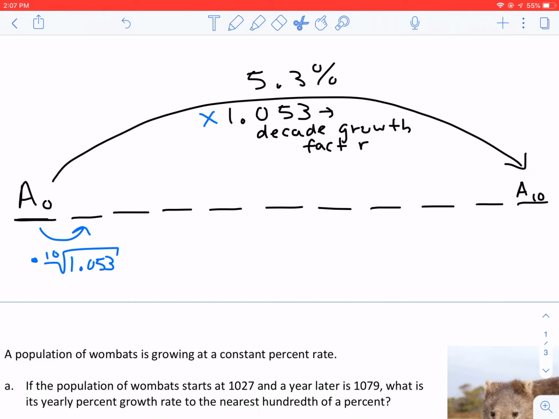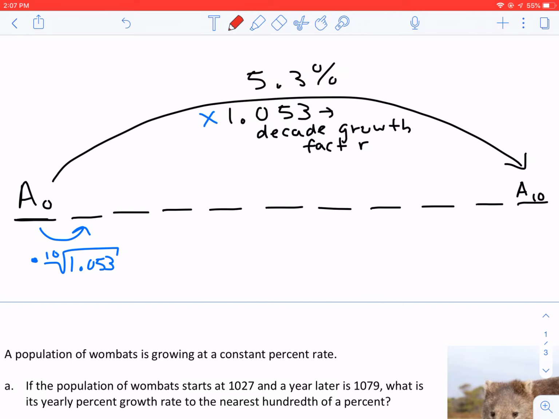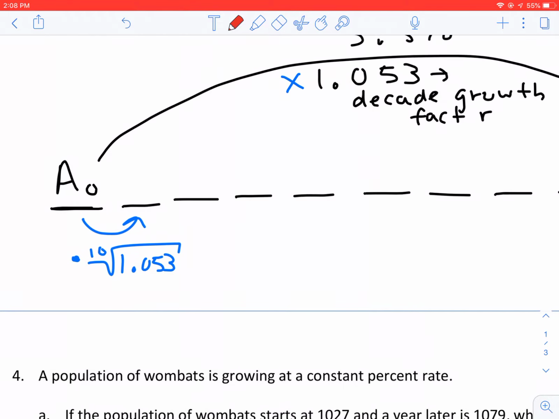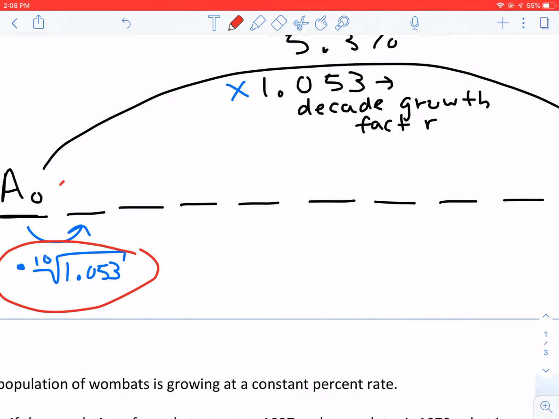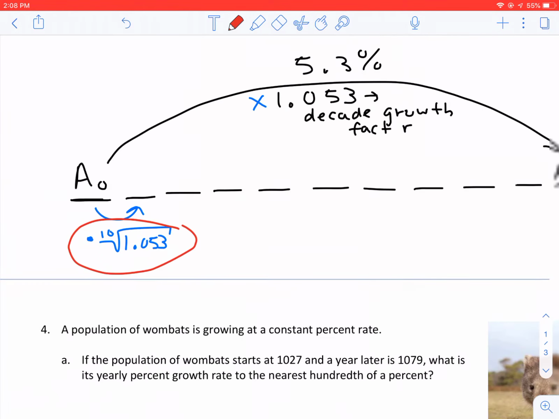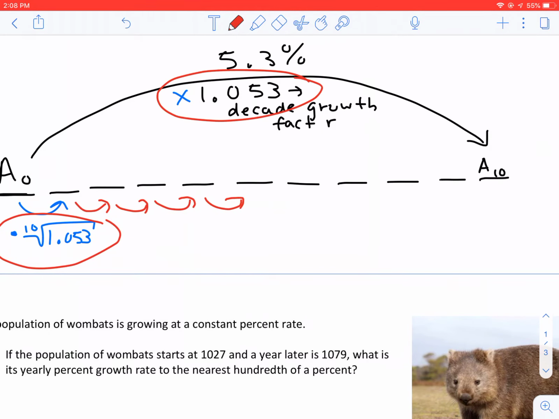Alright. Pause the video and think about it for a second. If you didn't get that, see if that makes sense. Right? Because of course, I'm going from there to there. It takes 10 steps. So if I multiply by that quantity 10 times, I should get 1.053.